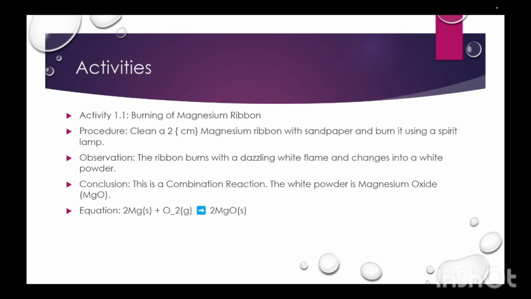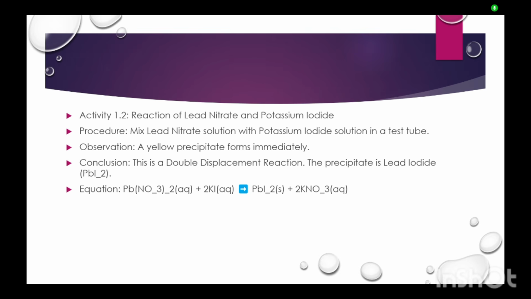It is a solid. Activity 1.2, reaction of lead nitrate and potassium iodide. Procedure: mix a lead nitrate solution with potassium iodide solution in a test tube. What do we observe? A yellow precipitate forms immediately. Conclusion: this is a double displacement reaction.